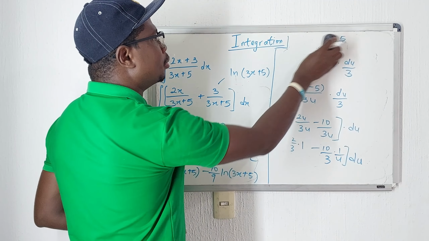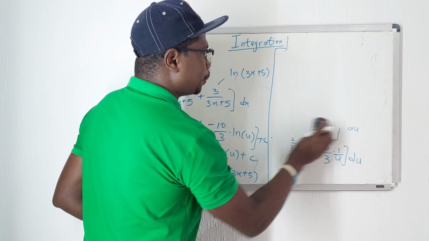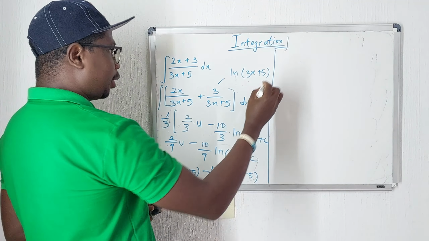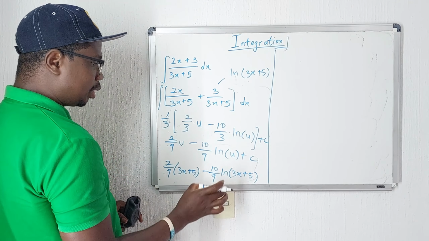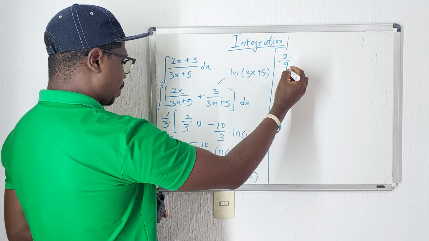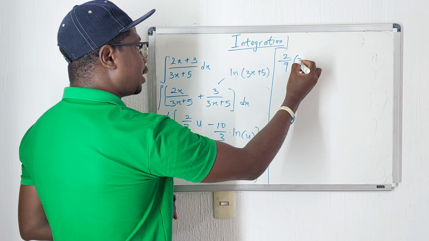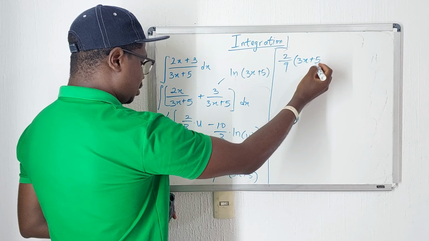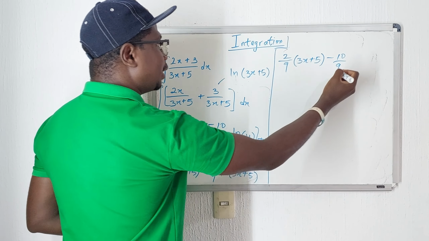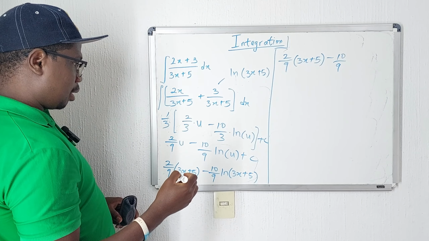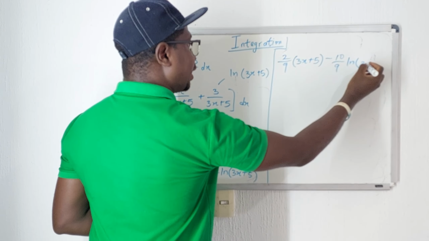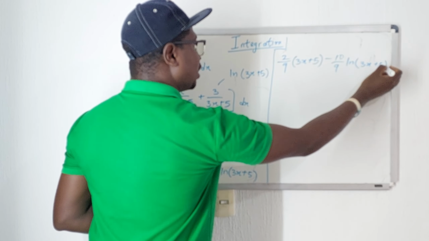Let's clean some space. So let's take everything up here. So for this one now, is this one, right? So we have 2 over 9 bracket 3x plus 5 minus 10 over 9 ln 3x plus 5.